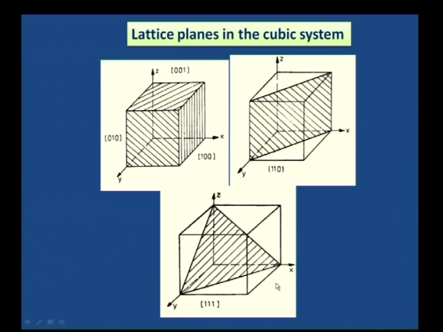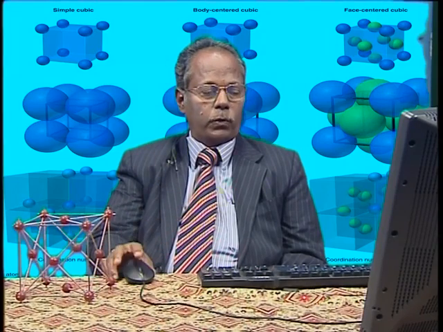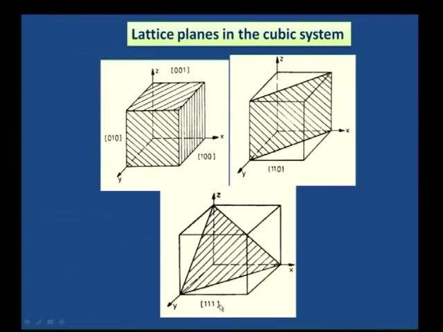Now let us talk about a plane like this which cuts at 1 times a, 1 times b and 1 times c. So the intersections will be 1 a, again 1 a, again 1 a, since it is a cubic structure. So the numbers will be 1 1 1, and obviously the reciprocal also will be 1 1 1. So such a plane will be called a 1 1 1 plane.